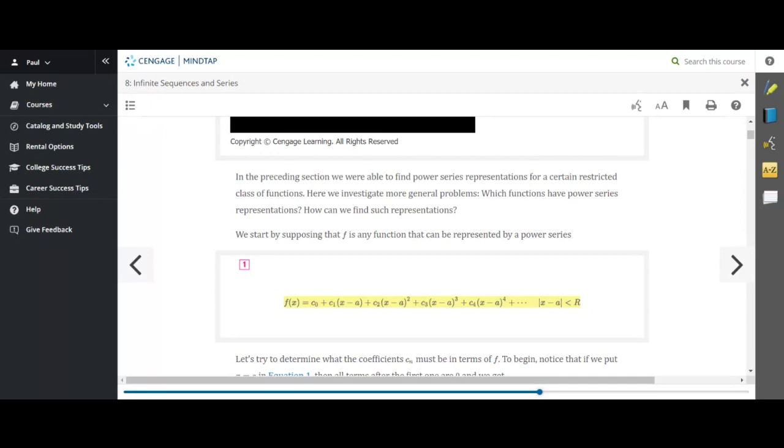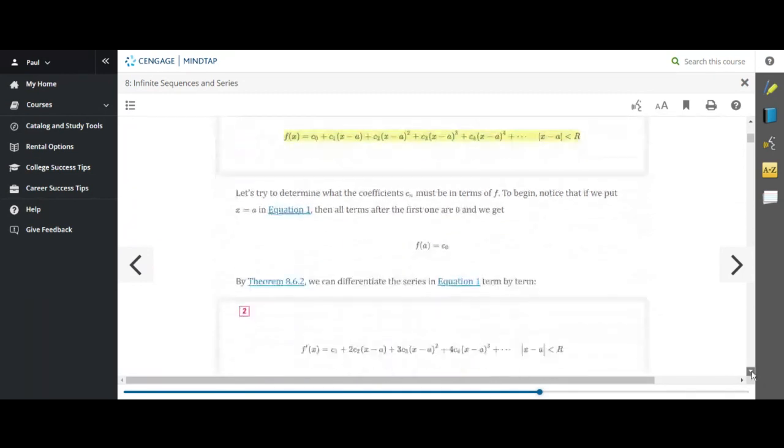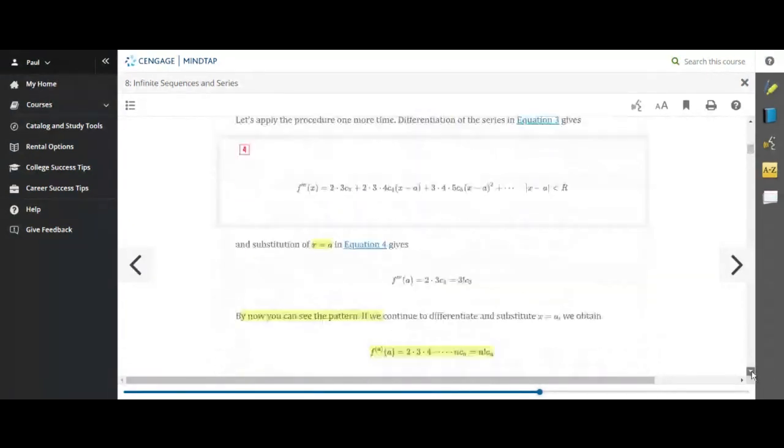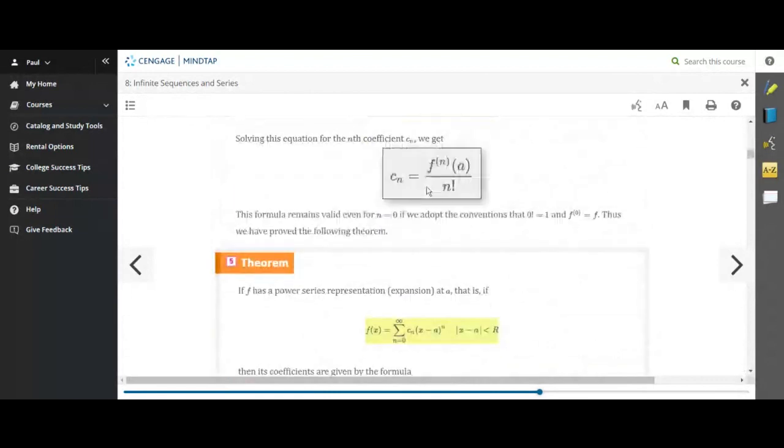Of course, a would be given to us, and then we determined that the coefficients are all computed using this formula.